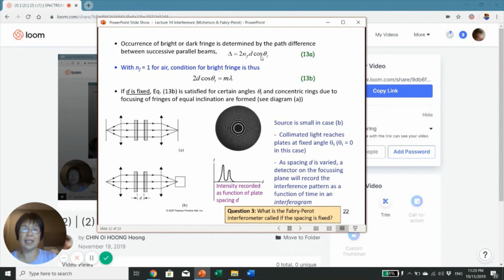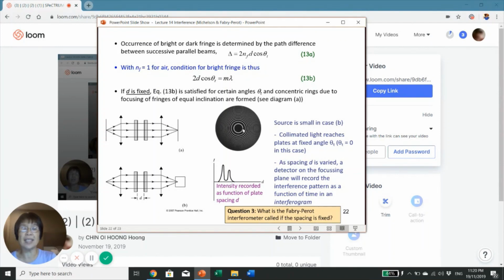If you take nF equals 1, which is for air, because we're talking about an air gap, then the condition for a bright fringe would just be 2d cosine theta t equals the order multiplied by lambda.